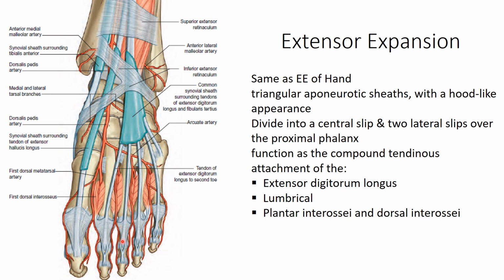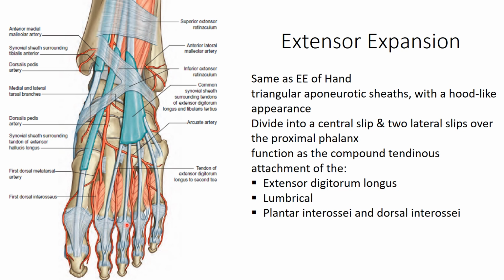two lateral slips over the proximal phalanx. This central slip is attached to the middle phalanx, and these lateral slips are attached to the base of the distal phalanx, and these function as the compound tendinous attachment of extensor digitorum longus, of the lumbricals, and of the plantar and dorsal interossei.